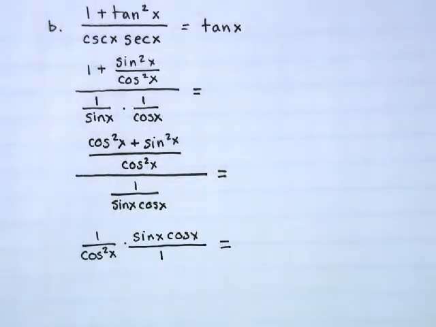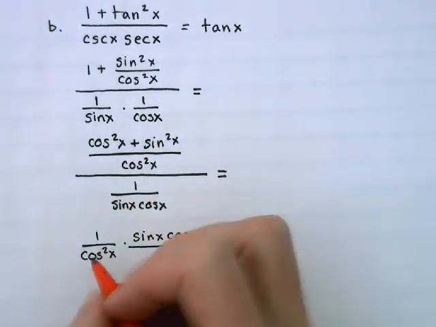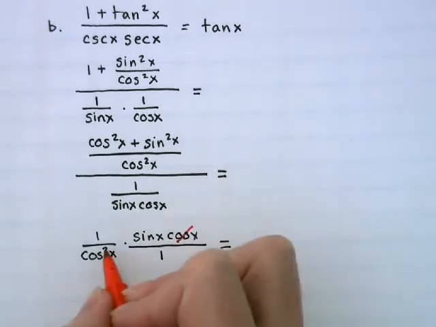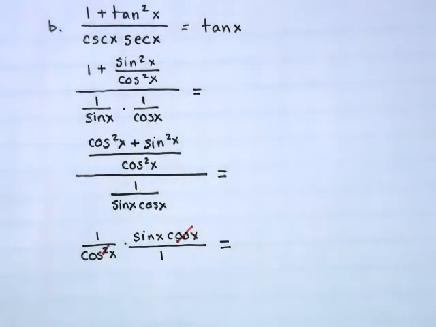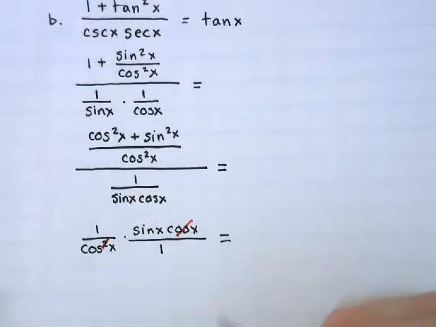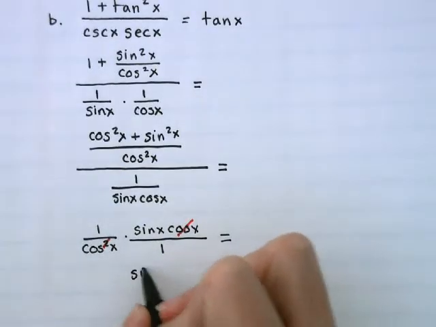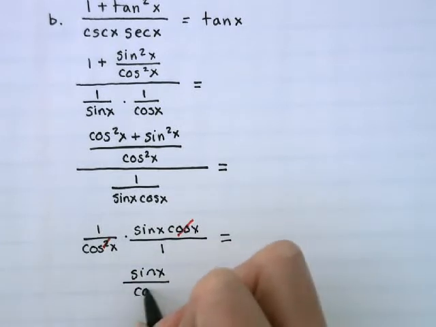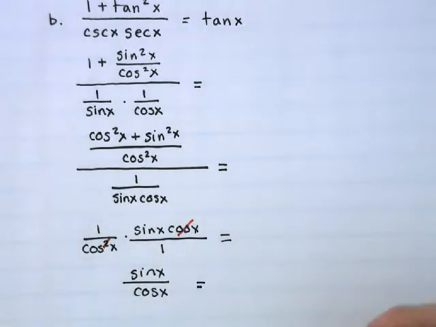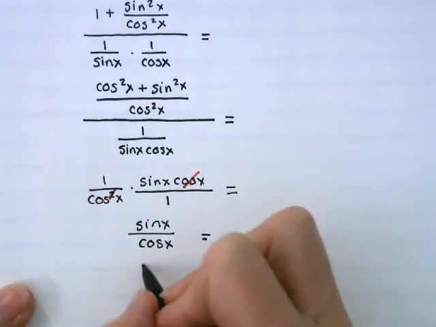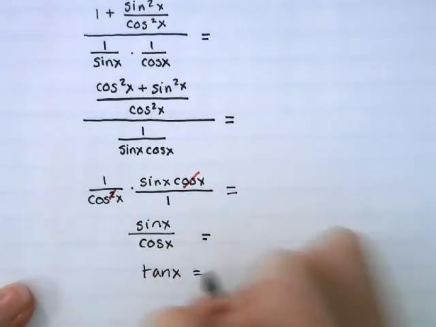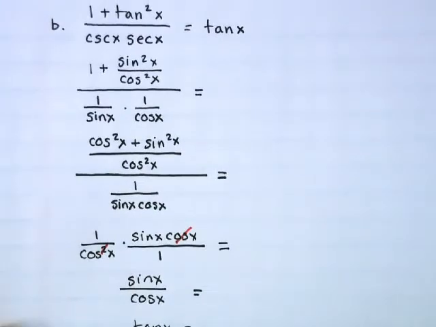Well, the cosine on the top and the cosine on the bottom, since we're multiplying, we have a cosine and a cosine squared. So that's just going to reduce to cosine, which leaves us with sine over cosine, which is tangent, which is what we were trying to show.